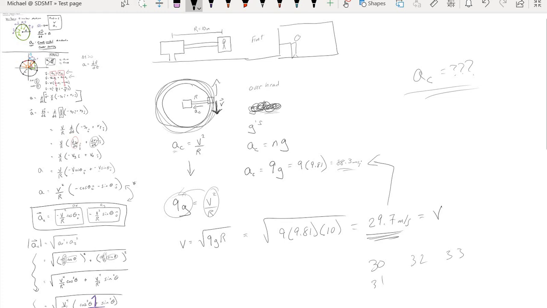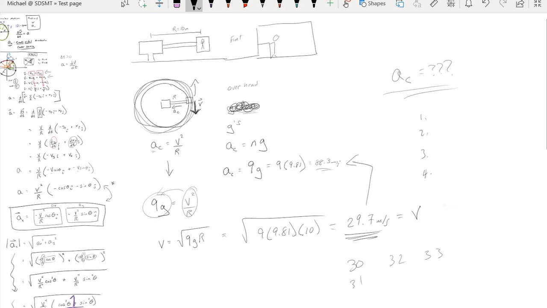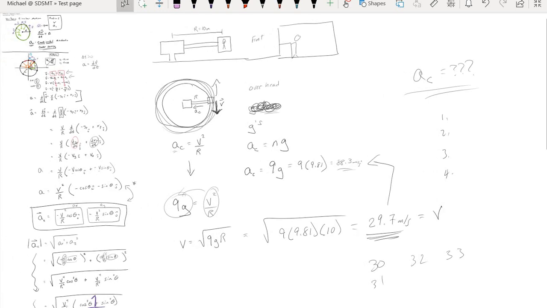And so you may have numerous candidates who want to be a pilot on the next space mission, and candidate number 1 passes with 9.2 Gs before they pass out. So technically they passed because they got up to 9 Gs, but then they passed out at 9.2.